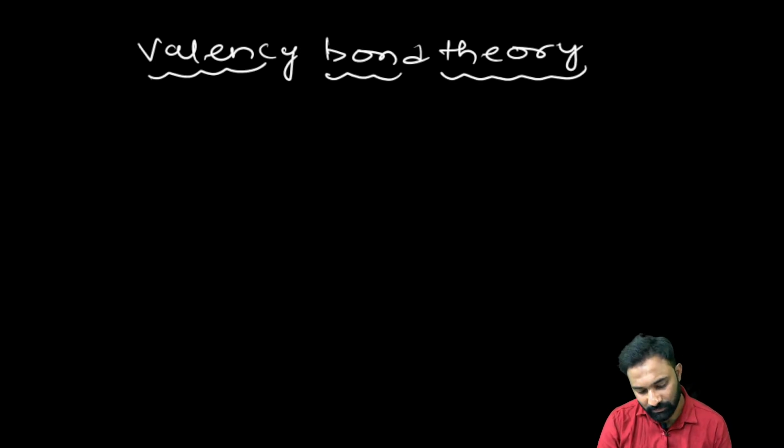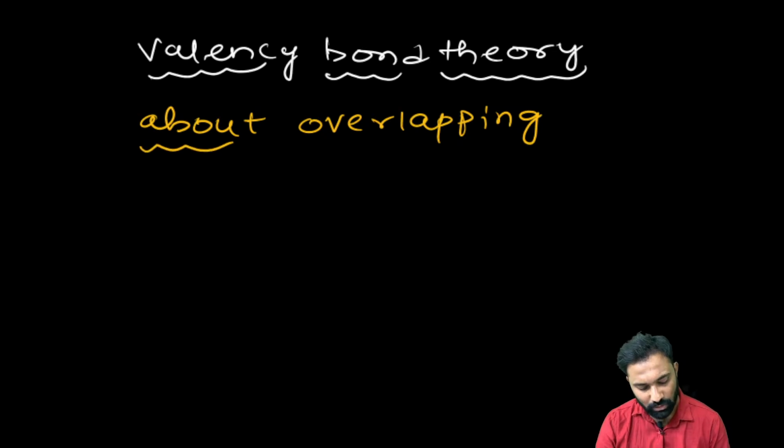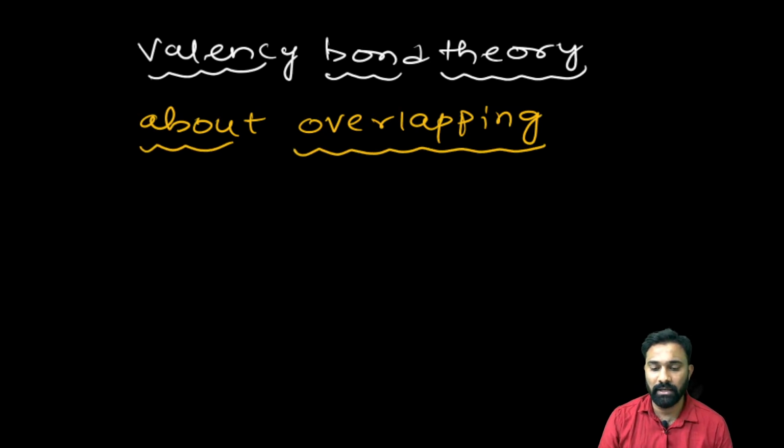Clear? In this valency bond theory, what are we going to study? Here we are going to study overlapping. This is very important. Many application parts of chemistry will be from this overlapping concept.